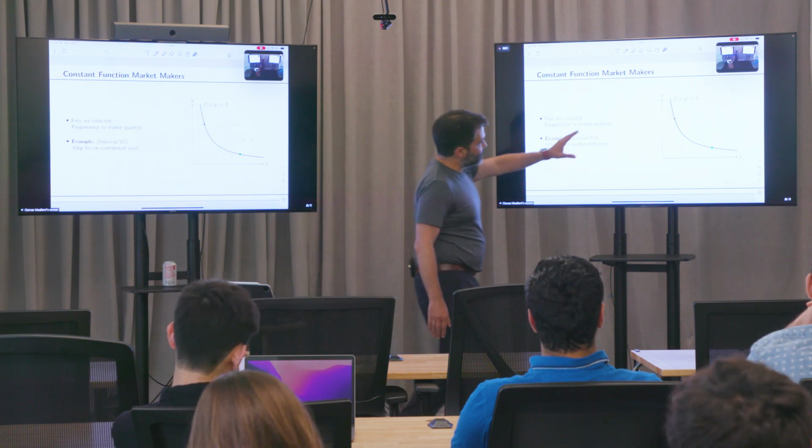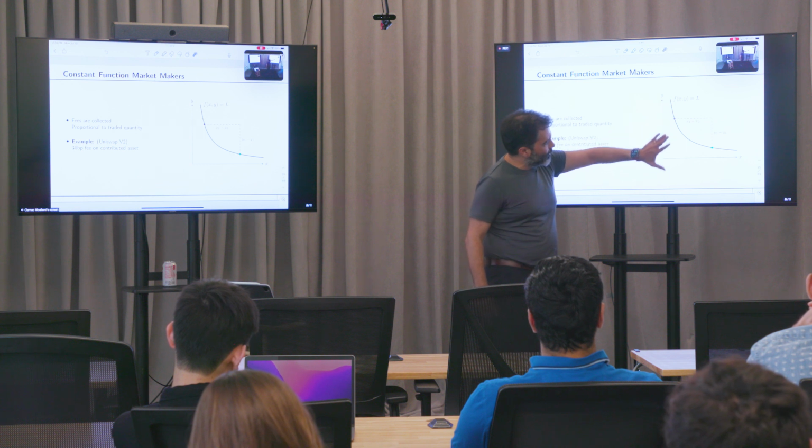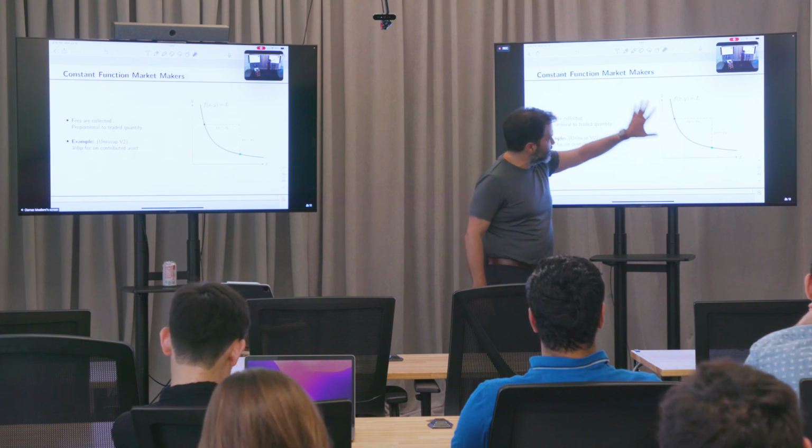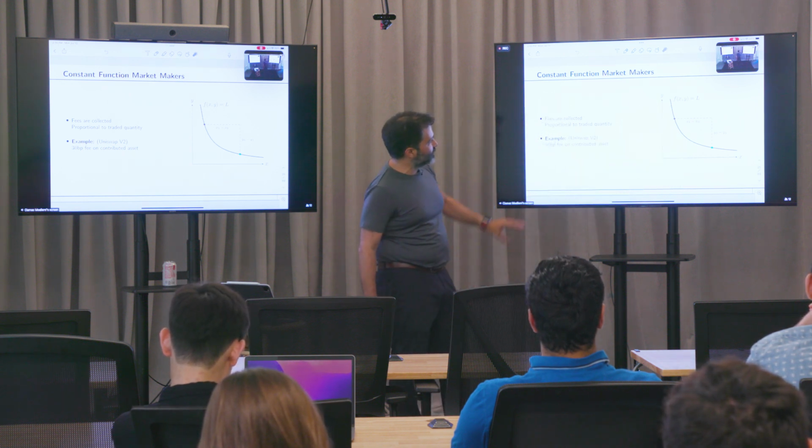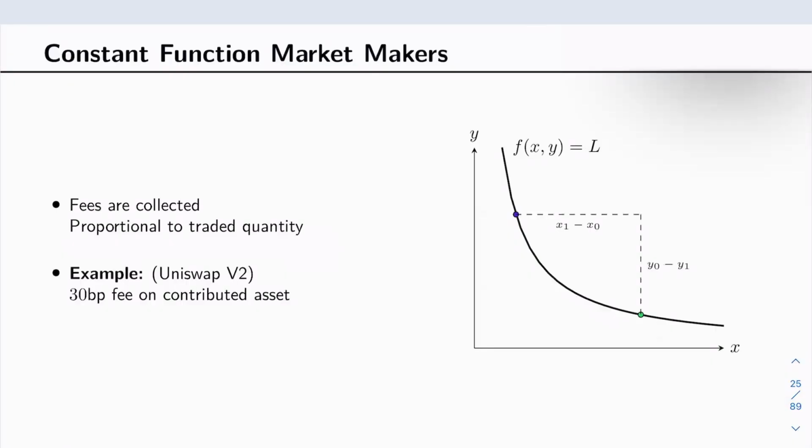And in addition to trading the risky asset for cash or vice versa, there is a proportional fee also collected on the traded quantity. So for example, in Uniswap V2, you collect 30 basis points on the contributed asset. So there's oftentimes a fee. That's the basic structure.